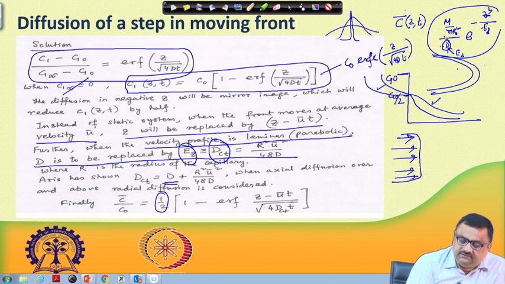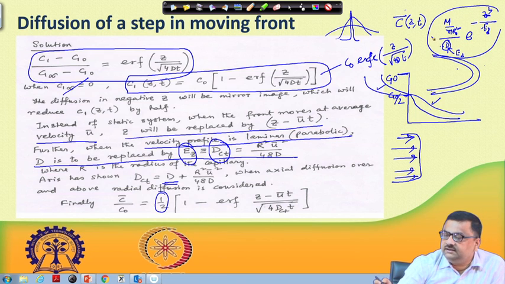Now in this case we have this same C bar, but for a step change in concentration it is equal to half into C 0. There also we had a C 0, so here also it is C 0.